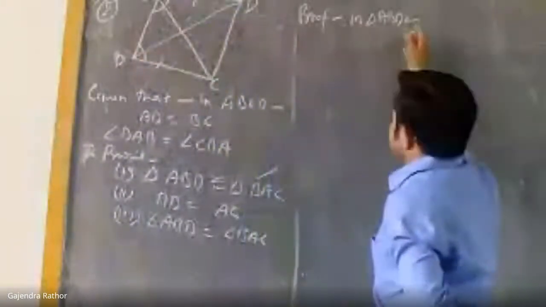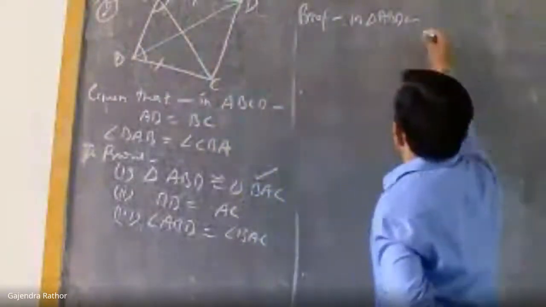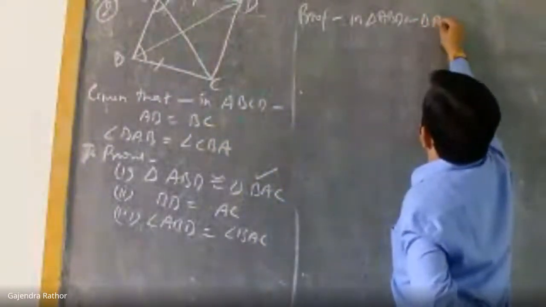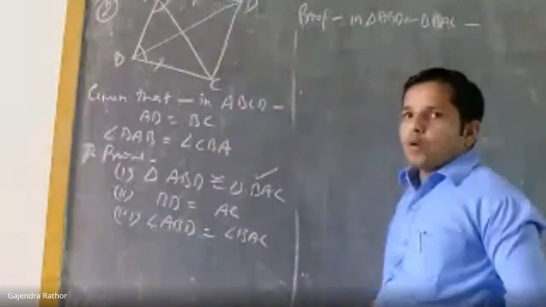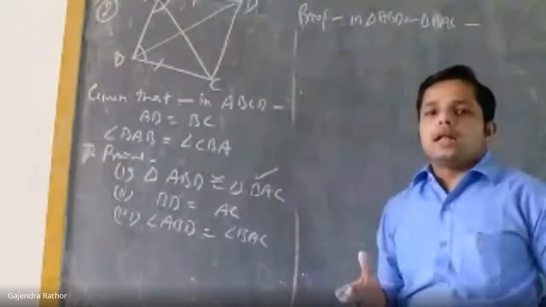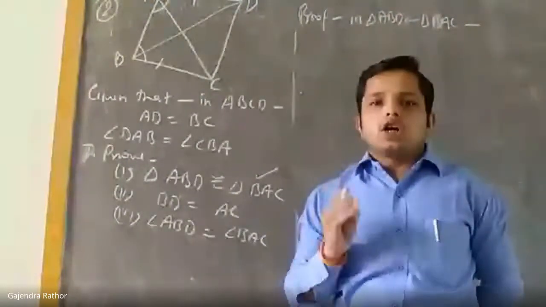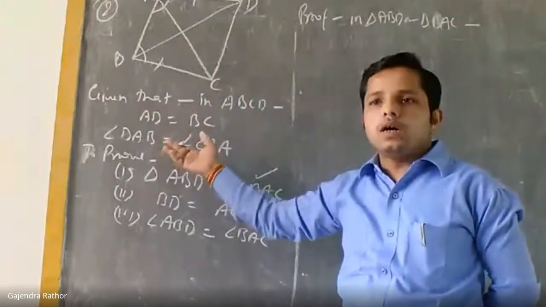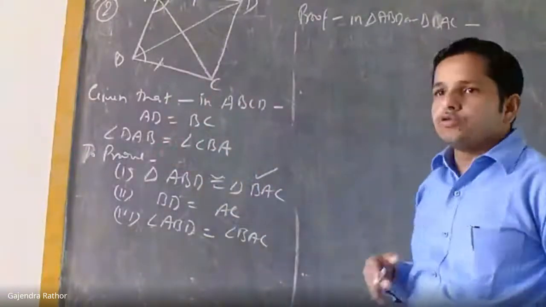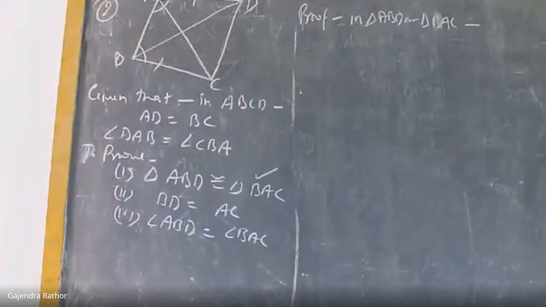ABD and BAC triangle. So in these 2 triangles, you need to find any 3 corresponding equal parts by observing the figure or from the given. You need to find and reply which corresponding parts are equal.